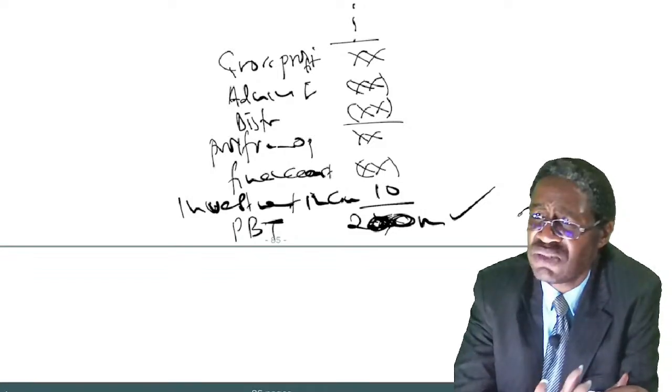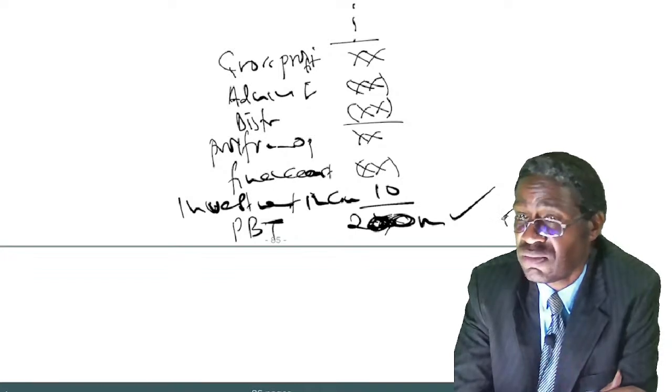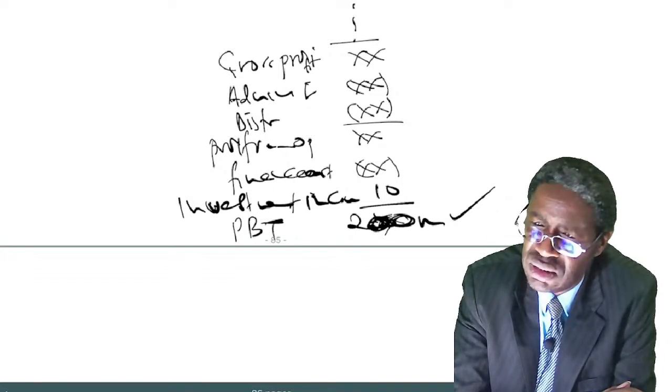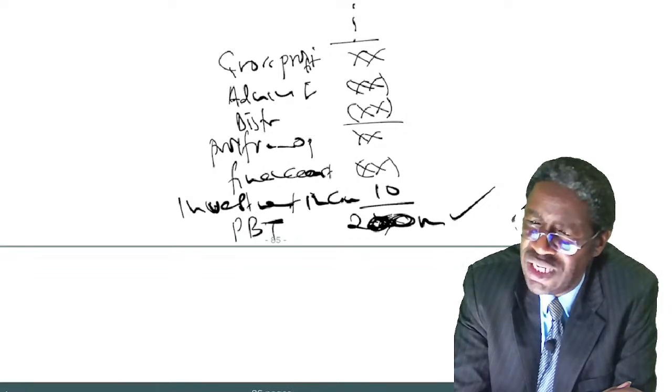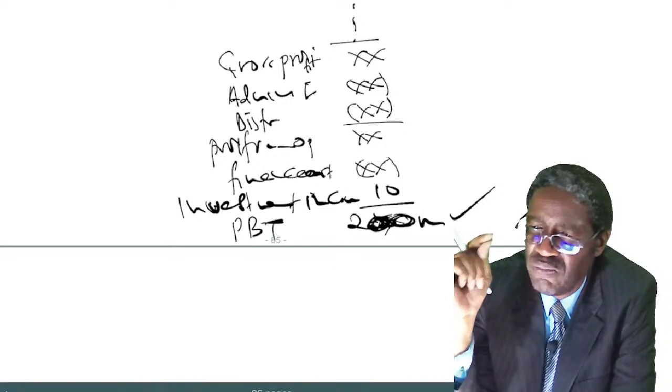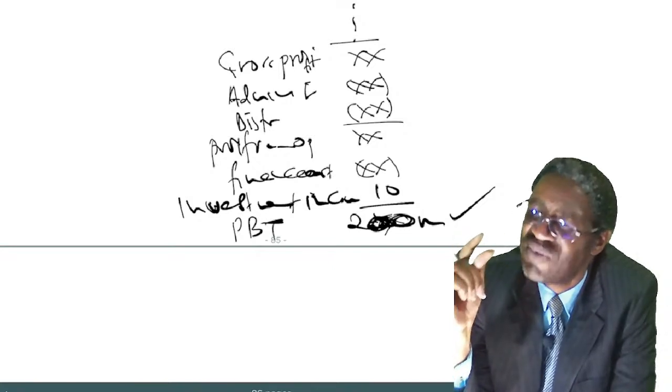In the income statement, the treatment is right. But now we have concluded, listen, we have concluded investment income should not be an operating activity.